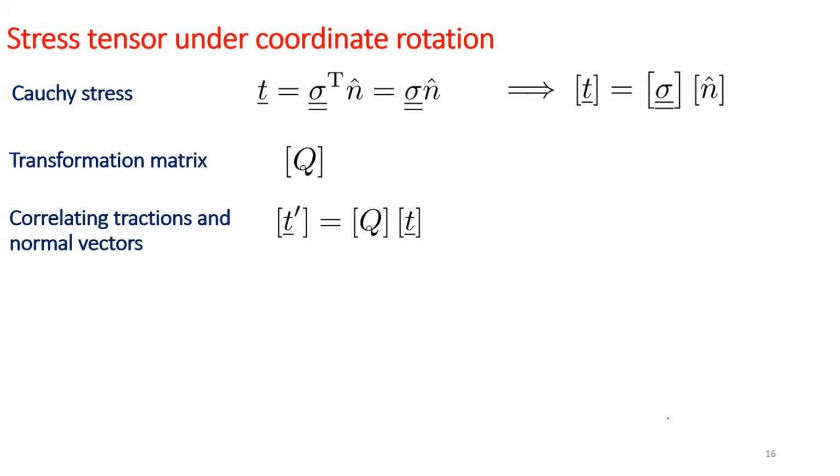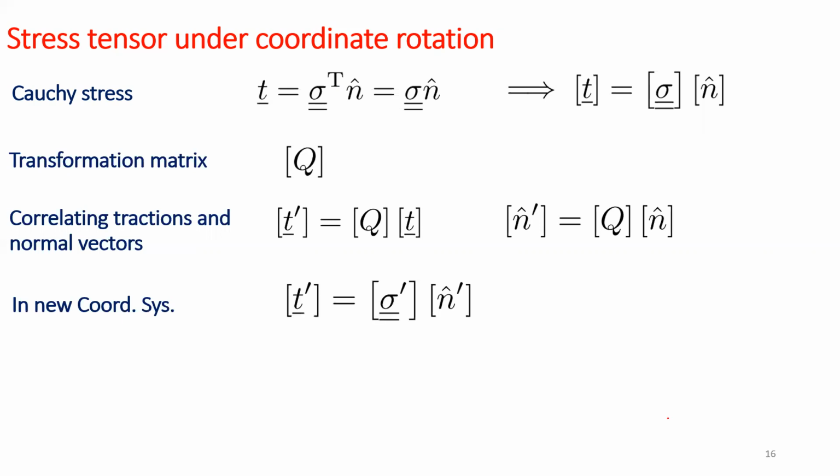So T prime is in the new coordinate system, so is N prime. So I have transformed the original components of traction and normal to the new coordinate system. And in the new coordinate system, again, our Cauchy stress tensor law should hold true, right?